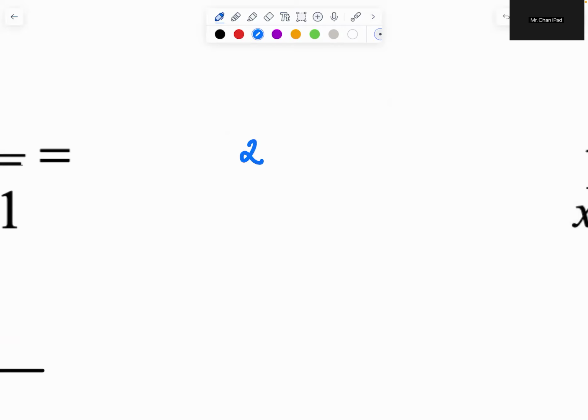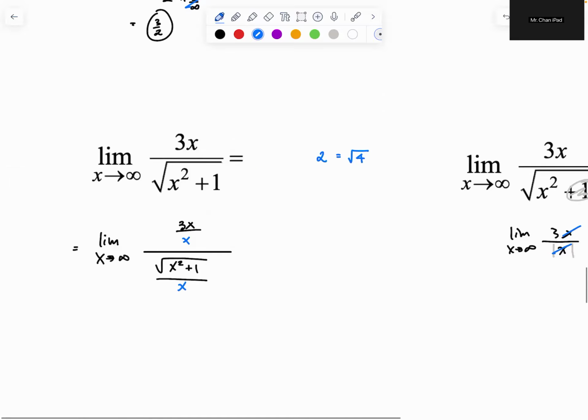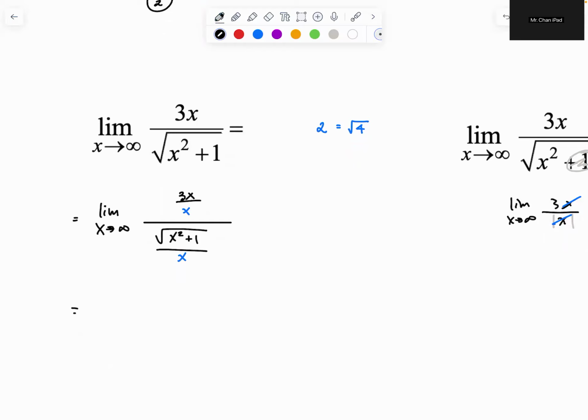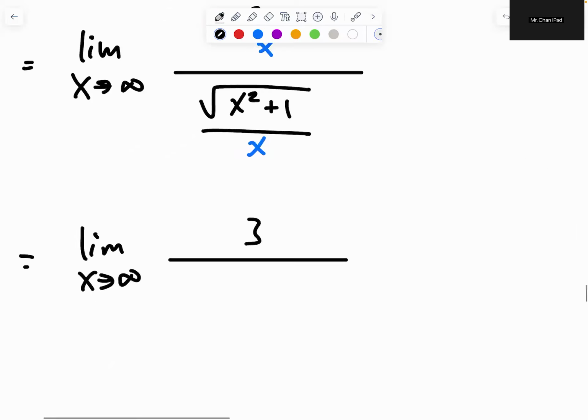I have a number 2 right here. Do you all agree that the number 2 is equal to the square root of 4? Yes, right? So if we slide a number into the square root, it's going to be squared. Now, what's going to happen? The numerator of the complex fraction would simply be 3. That's easy. What about the denominator? That x right now is outside of the square root.